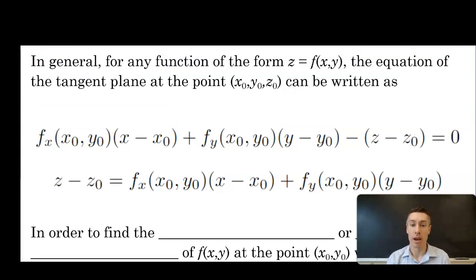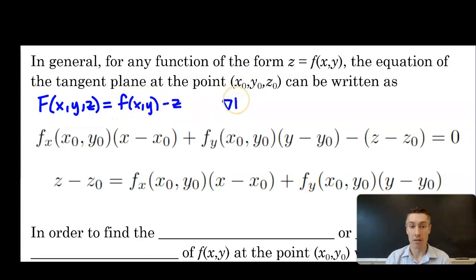In general, for any function of the form z equals f of x, y, the equation of the tangent plane at the point (x0, y0, z0) can be written as the partial with respect to x at the given point times (x minus x0) plus the partial with respect to y at the given point times (y minus y0) minus (z minus z0) equals 0. Notice that the partial with respect to x and y are only evaluated at x0, y0. That's because for any function in this form, we can define the function to be f of x, y minus z.